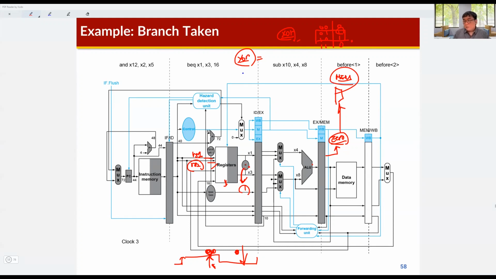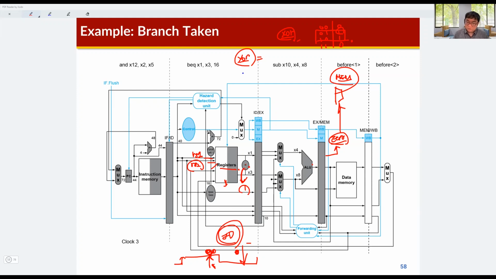But in the enhanced pipeline architecture, this comparator is added at the output of the register file, so this zero signal can be generated in the ID stage.